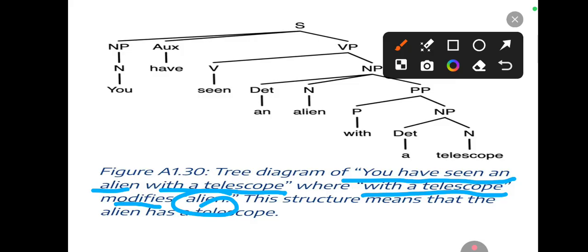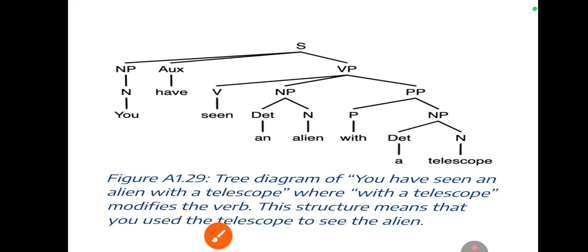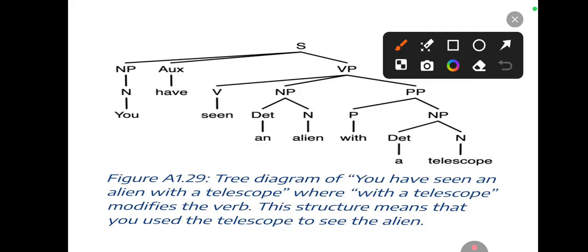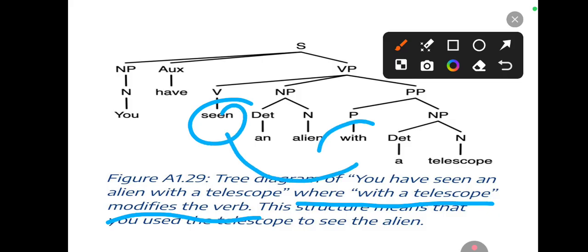Earlier, this group of words "with a telescope" modified the verb "seen".